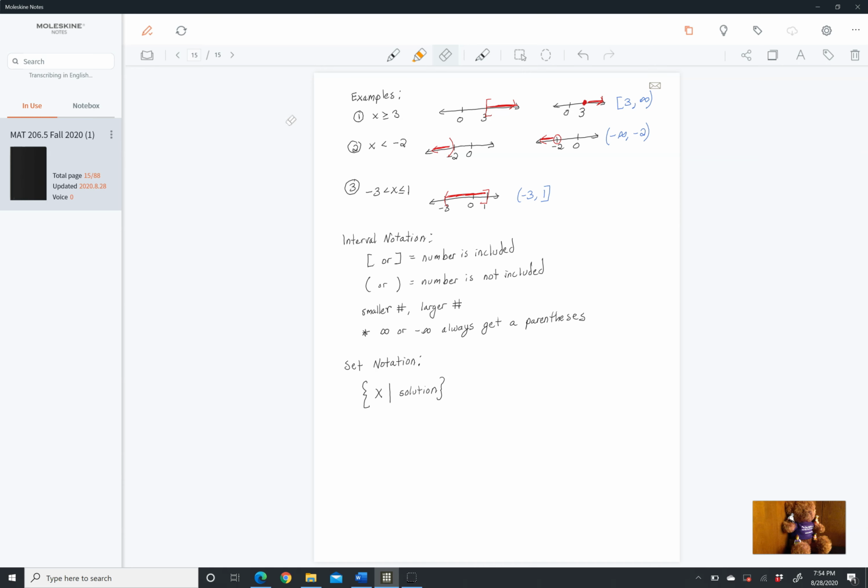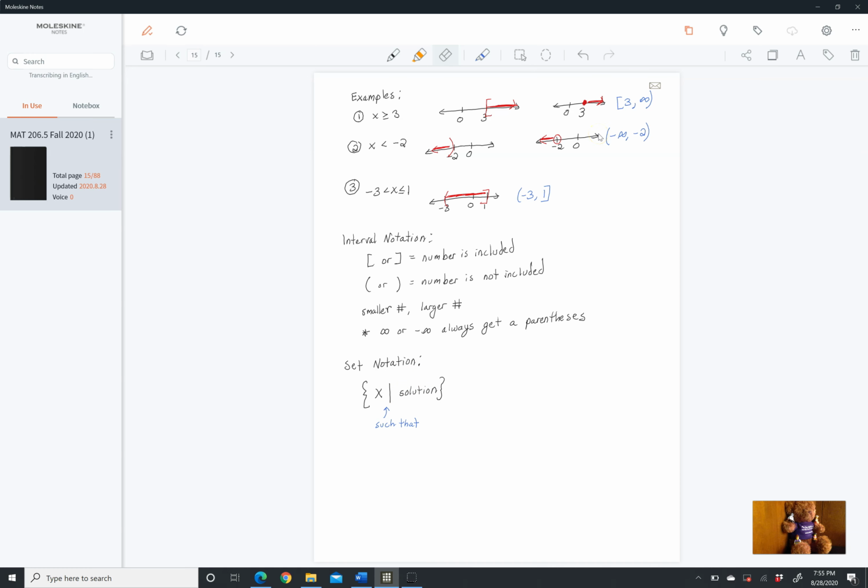I'm going to write solution here. But I'm going to go back up and write it out for you in all of the other cases so that you see what we mean when we say solution. So this means such that. It's essentially saying x could be anything as long as it's this. Okay, x can be anything as long as it satisfies your solution.